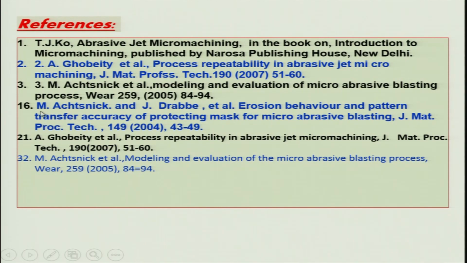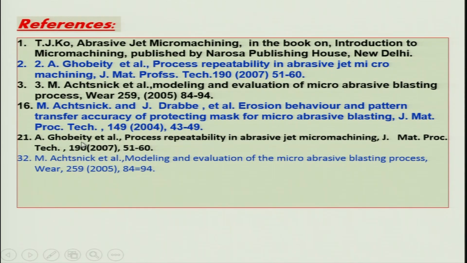And then the next reference, number 16, Ghobeity et al., and the title is Erosion Behavior and Pattern Transfer Accuracy of Protecting Mask for Micro Abrasive Blasting. It is again published in Journal of Materials Processing Technology, volume 149, year 2004, pages 43-49.